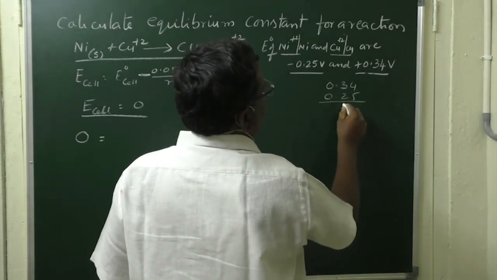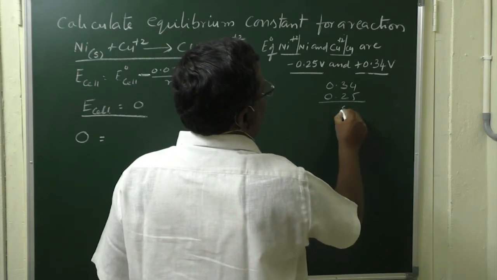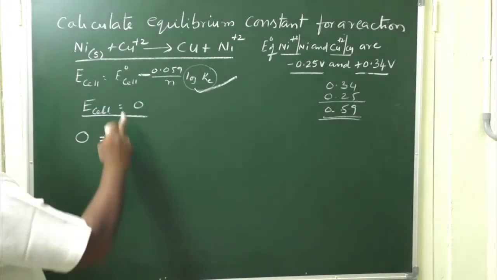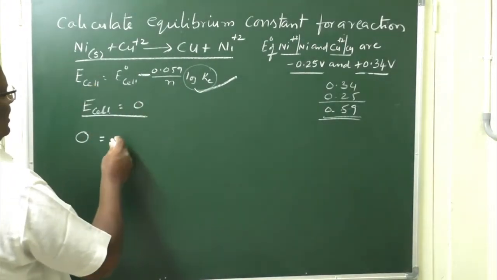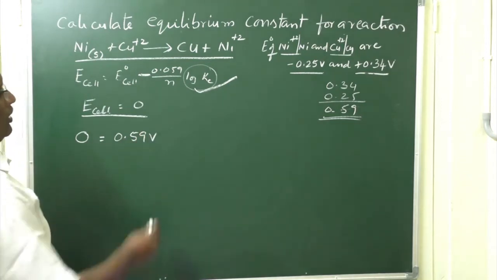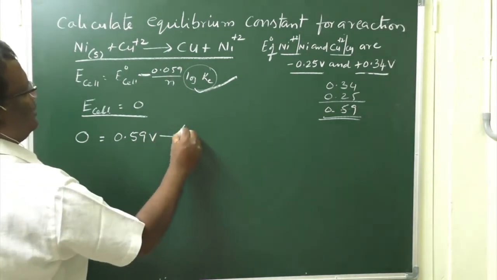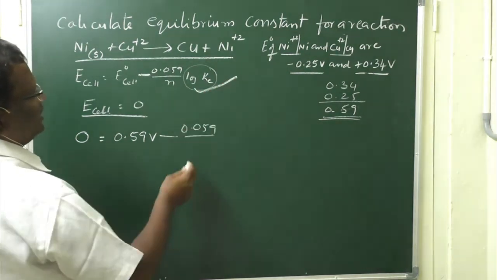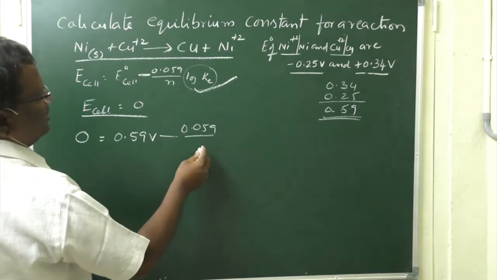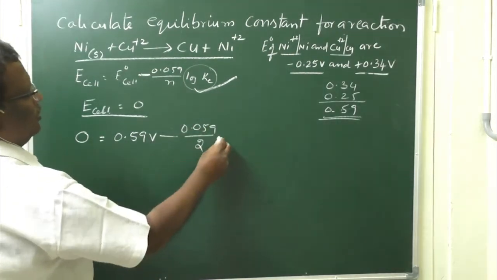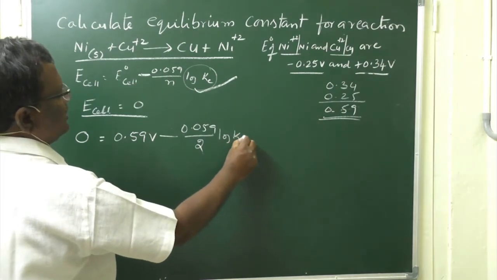So the cell EMF is 0.59 volts. So the standard EMF of the cell when both electrodes are at standard conditions will be 0.59 volts, minus 0.059 by n, and the number of electrons involved here is 2 because both are dipositive ions, so 2 log Kc.